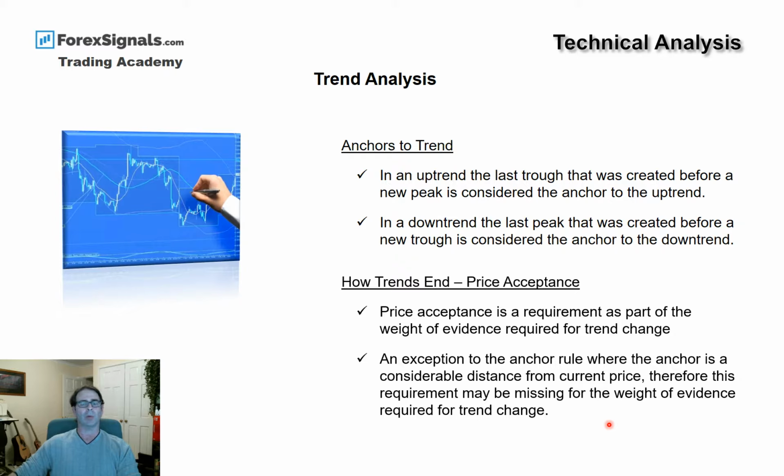Therefore, this requirement may be missing for the weight of evidence required for trend change. So what we've tried to do is apply subjective methods and rules to trend change, and we've also included here where price has extended quite a bit. We've applied a rule to that also.